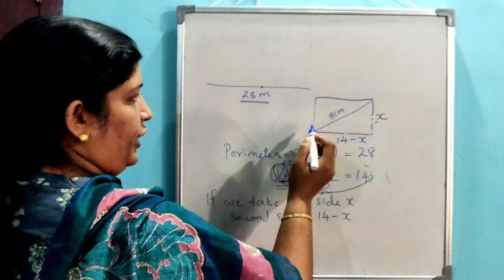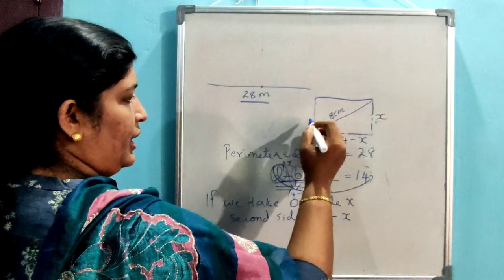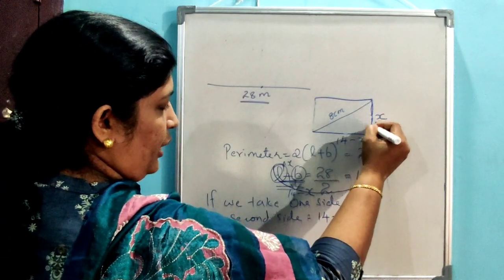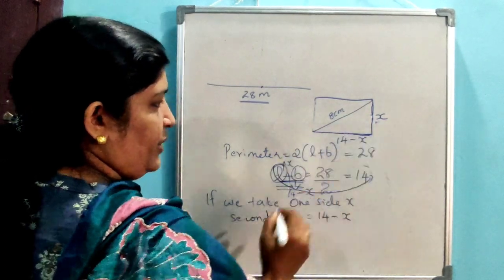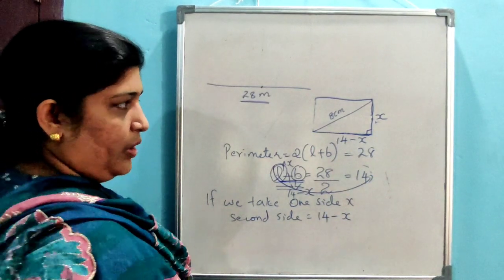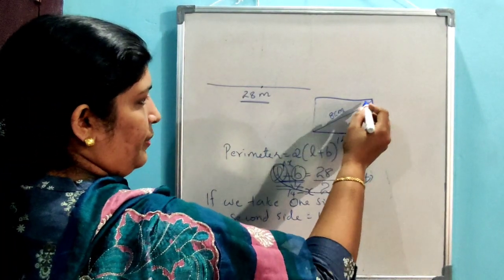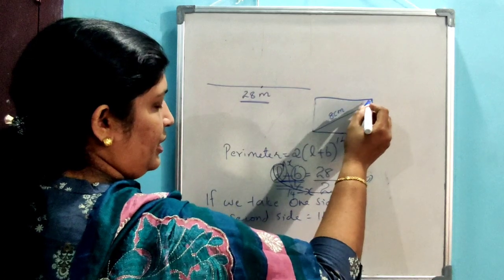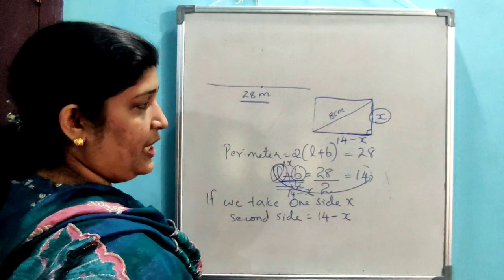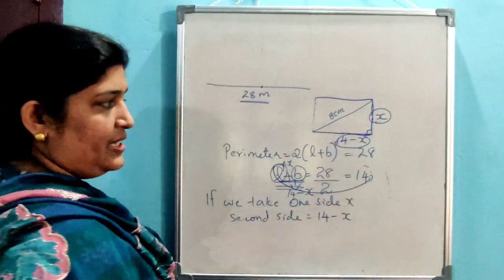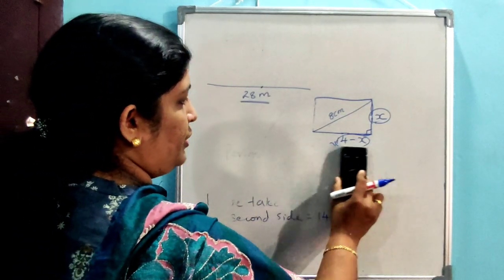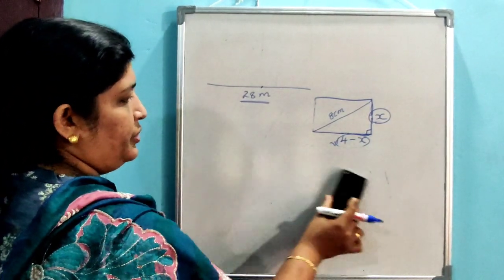Then if we construct a rectangle like this, what do we have? This one is a right triangle, because all angles of a rectangle are equal. So if we can make a rectangle with a diagonal 8 cm, we have the relation of right triangles: base square plus altitude square is equal to hypotenuse square.